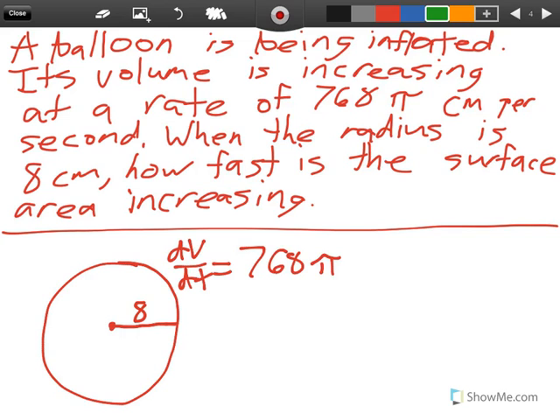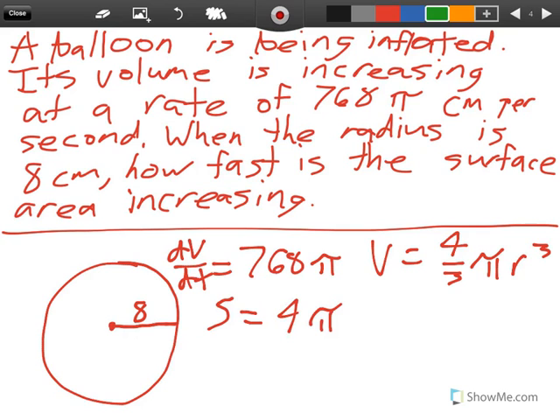Let's use a few formulas to find how we can use dV/dt and the radius. First, the volume of a sphere is 4/3 pi r cubed. And we're also supposed to find the surface area, which we'll label as S, and that equals 4 pi r squared.